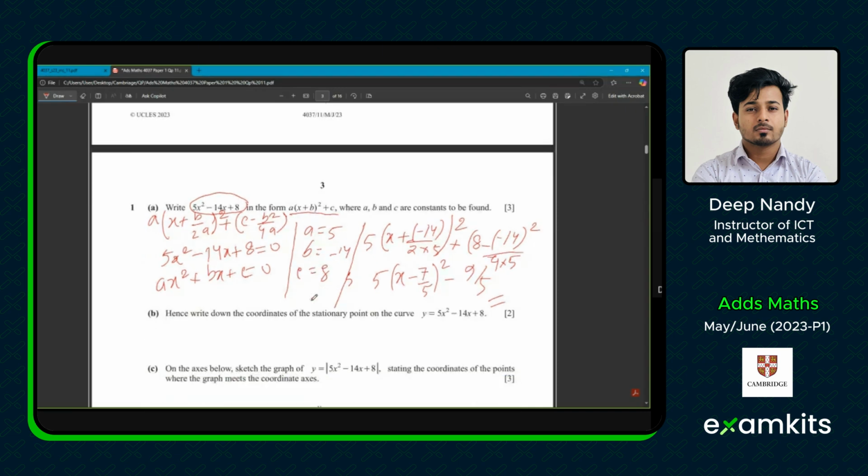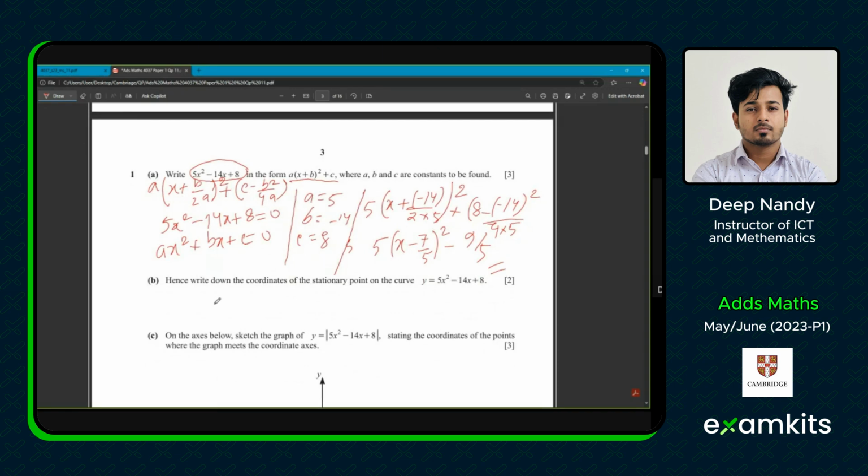Now, moving on to the second part of this question. Write down the coordinates of the stationary point of the curve y equals 5x square minus 14x plus 8. So this is my equation. We need to find the stationary point of this.